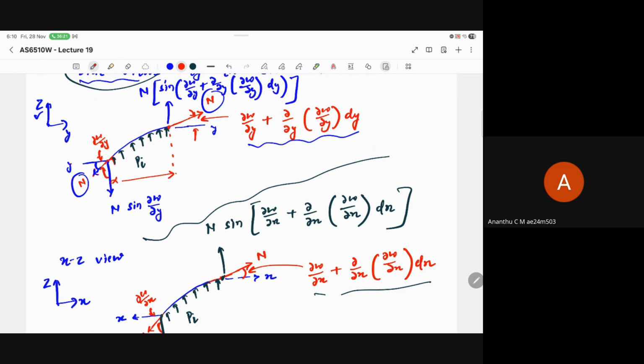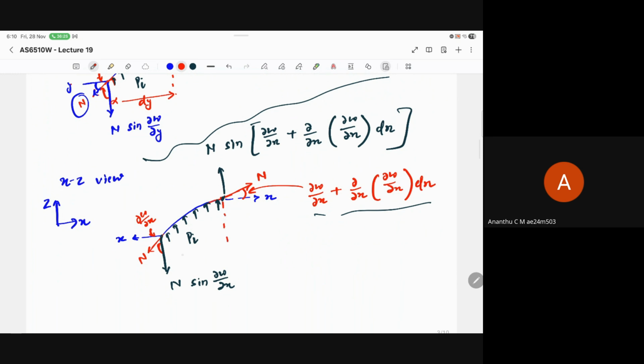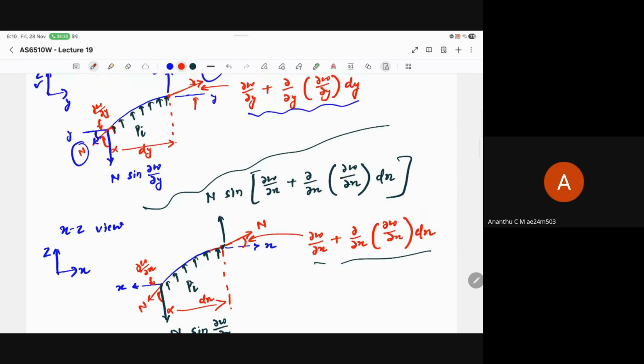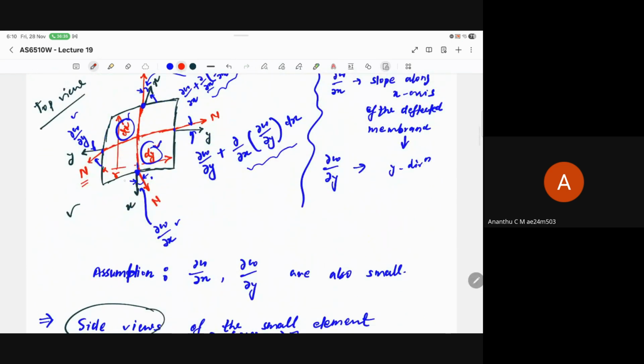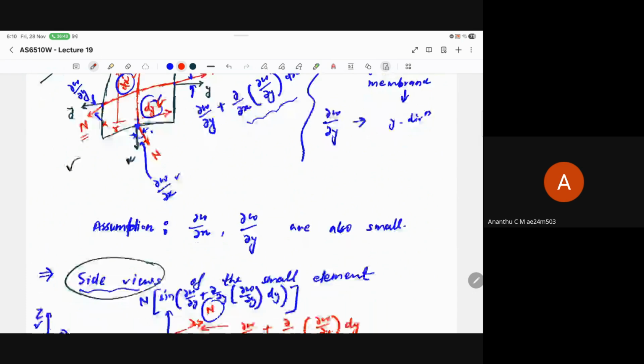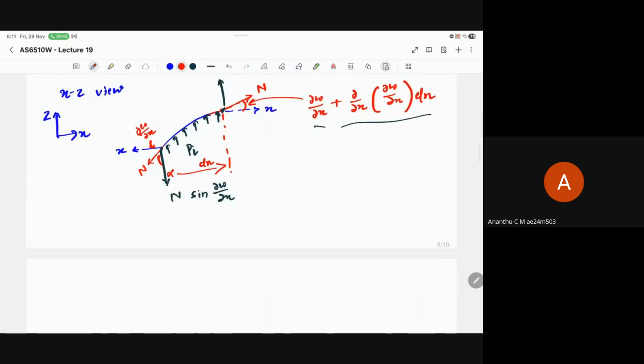YZ plane means this is the dimension dy, and similarly for this element, this is the dimension dx. So your pressure Pi is basically acting over the whole element. That means pressure is acting on an area which is the multiplication of dx and dy. So pressure is going to act in the z direction, and that force due to pressure is going to be Pi into the area of the small element, and the area of the small element is dx into dy.